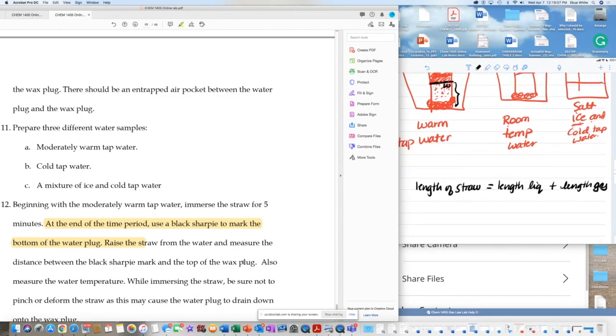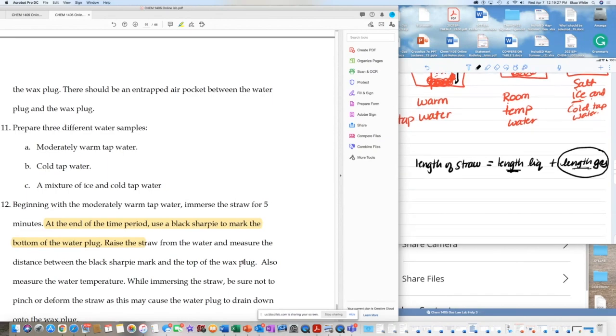So if you chose to measure the length of the liquid in the straw, or you chose to measure the length of the gas, ultimately this is the number that we need right here, the length of the gas inside that straw.